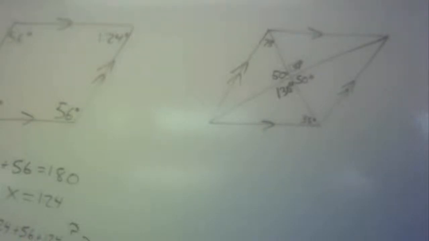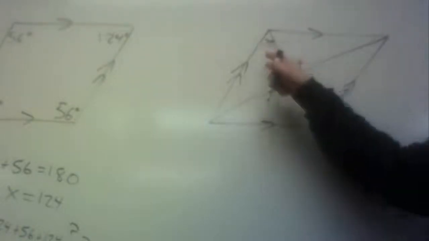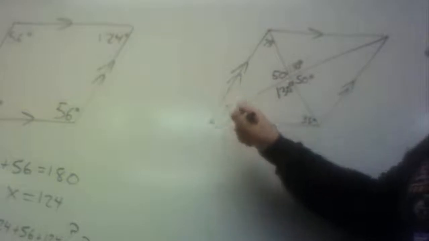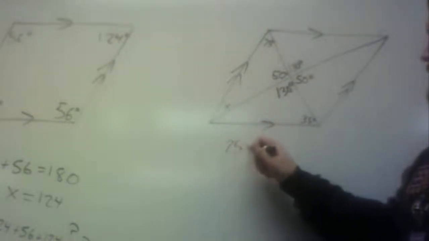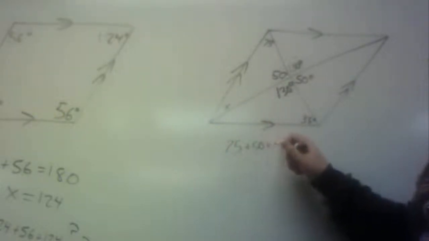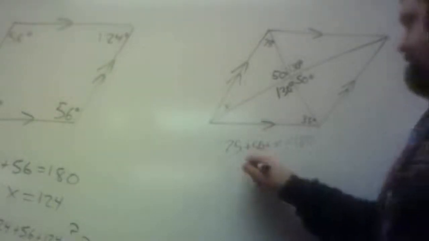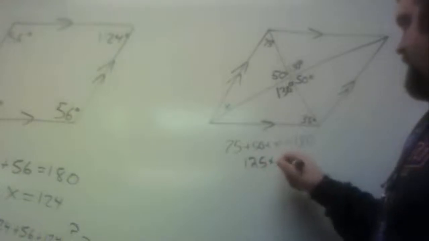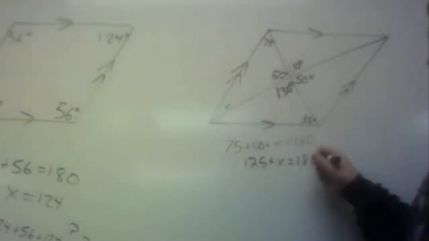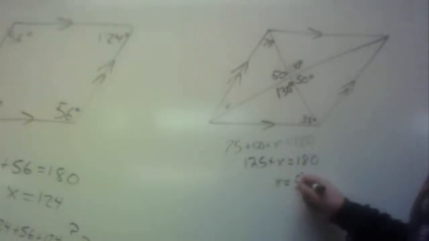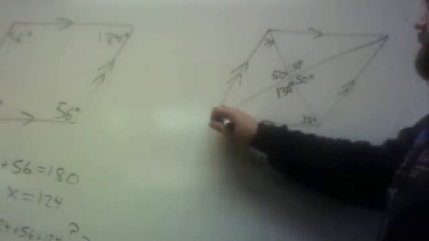Alright. Next thing. If this is 75, this is 50, and I'm trying to find this angle down here, 75 plus 50 plus x all has to be 180. 125 plus x is equal to 180. X is 55 degrees.